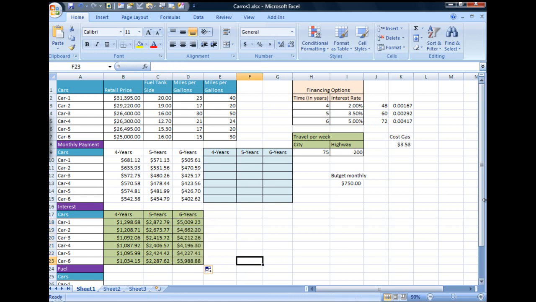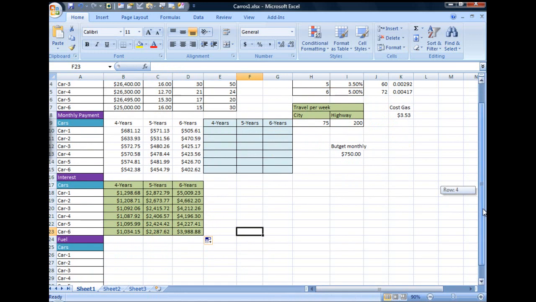Perfect. This is the interest money. Okay, perfect.